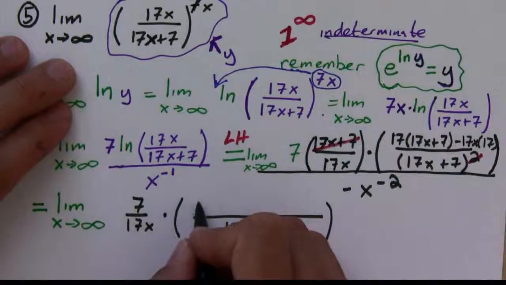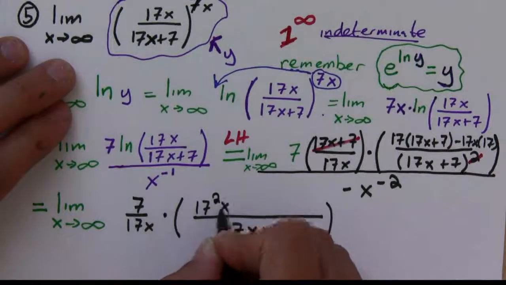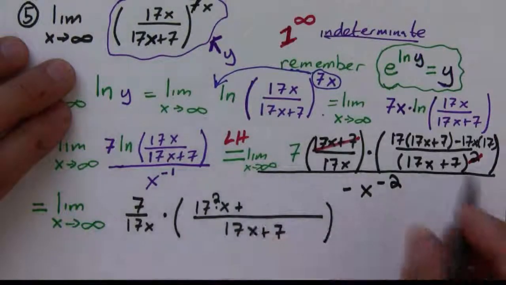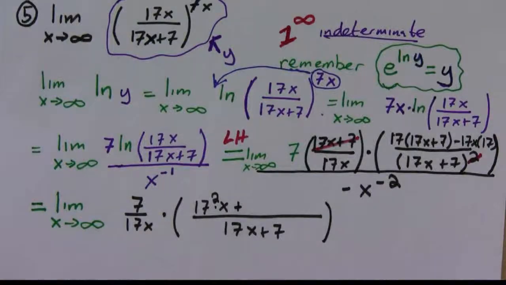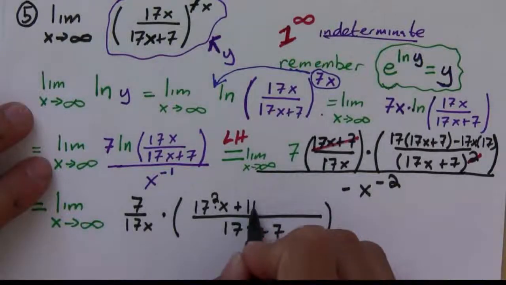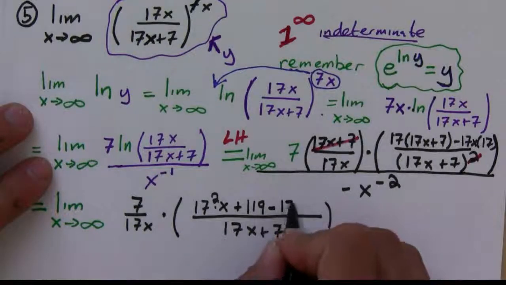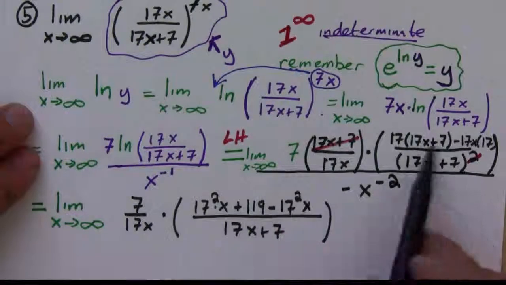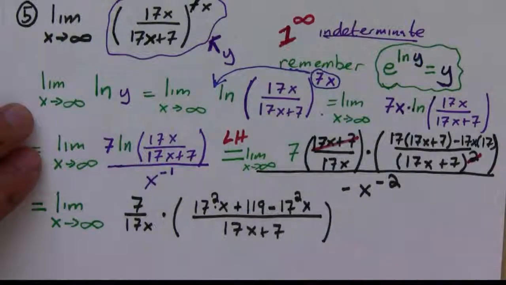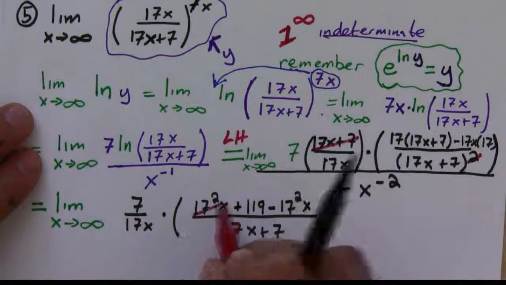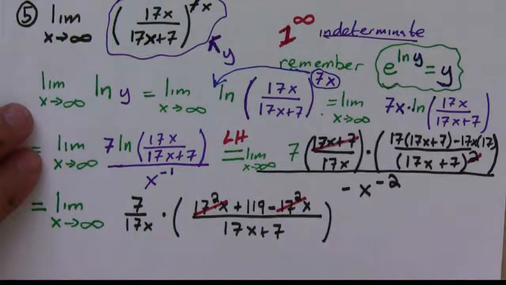I'm just going to write it as 17 squared x. I just don't feel like taking out a calculator right now. Plus 17 times 7. That's not too bad. That's 119, minus 17 squared x. And so that's the reason why I saw this before I actually multiply these out, is that these guys actually cancel each other out, and I'm just left with 119.